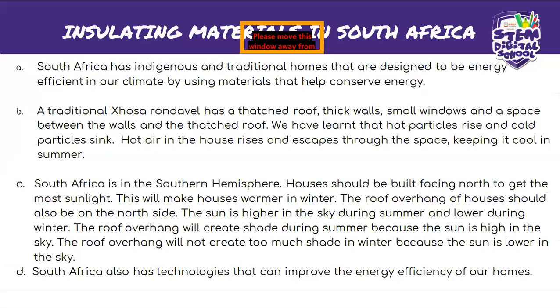So the roof overhang will create shade during summer because the sun is high in the sky. The roof overhang will not create too much shade in winter because the sun is lower. So you take note of this.